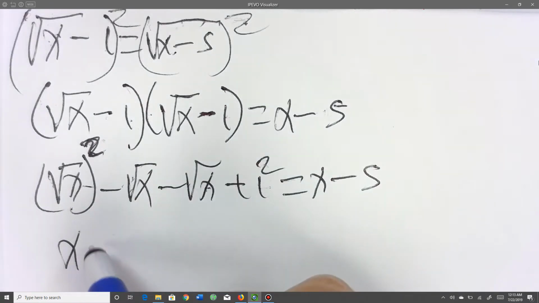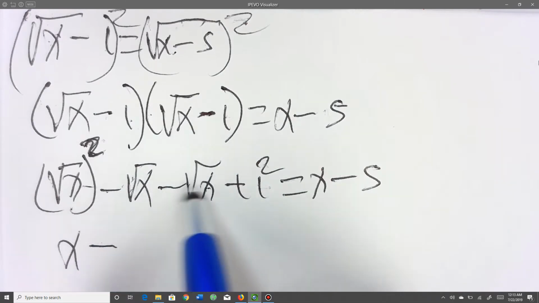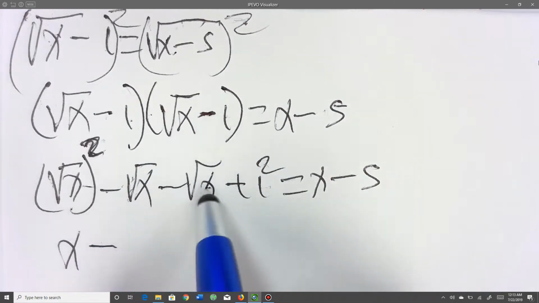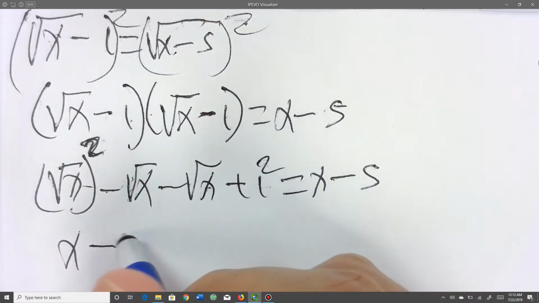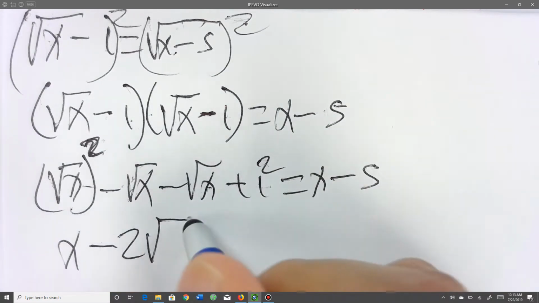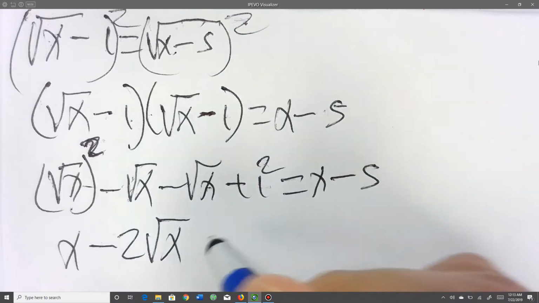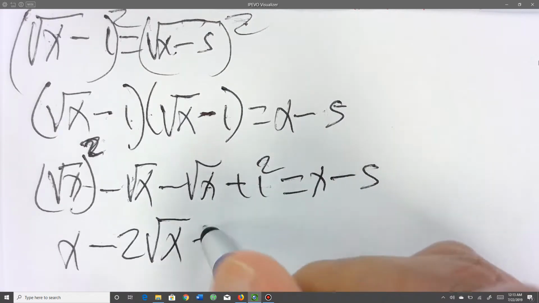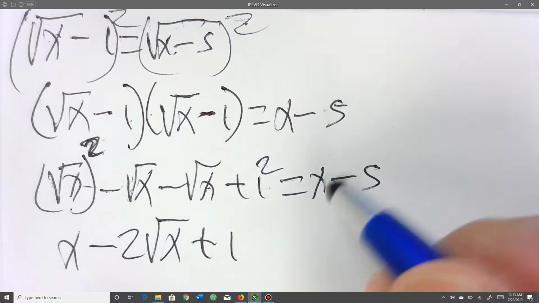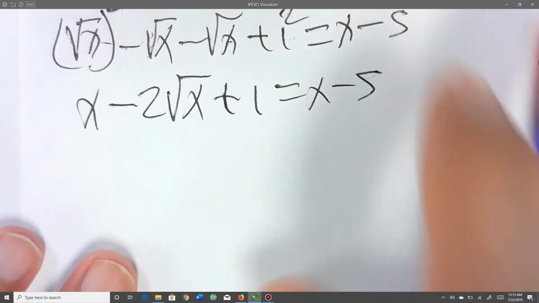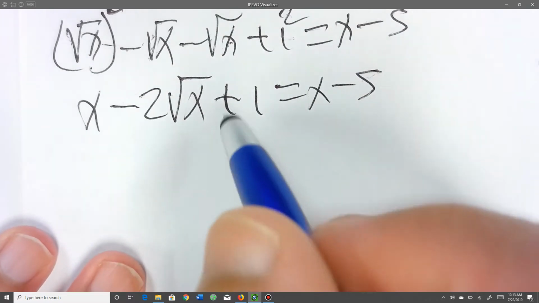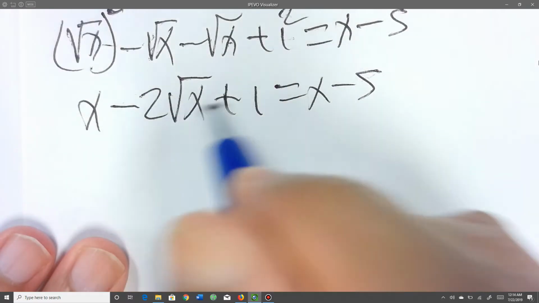That simplifies out into an x minus, since I have like terms here, I add them up. And both of them are negative, so that gives me 2 times the square root of x plus 1, equals x minus 5. So just continue working that way, and you should get your answer.